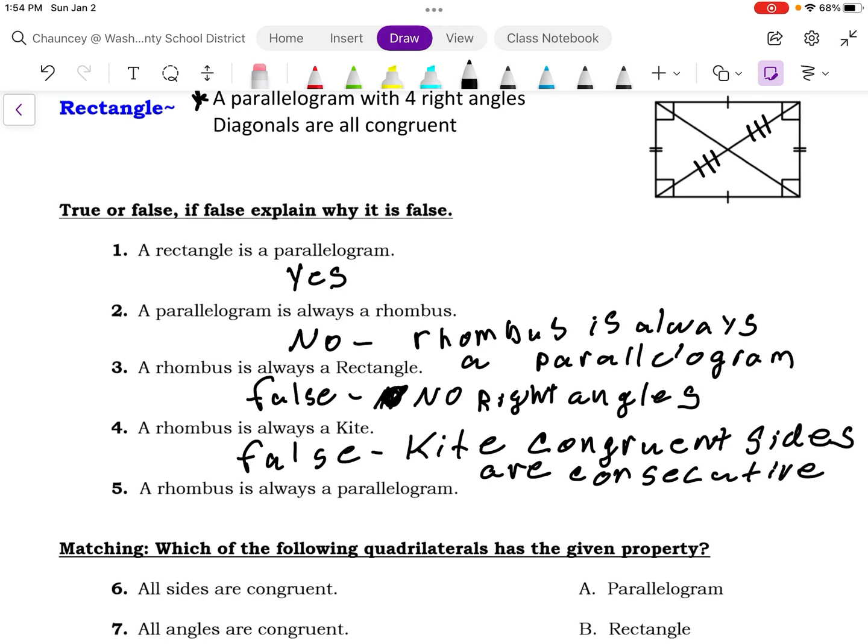Is a rhombus always a parallelogram? Well, yeah, we already stated that up here. So, yes, that is true. All right, pretty easy.